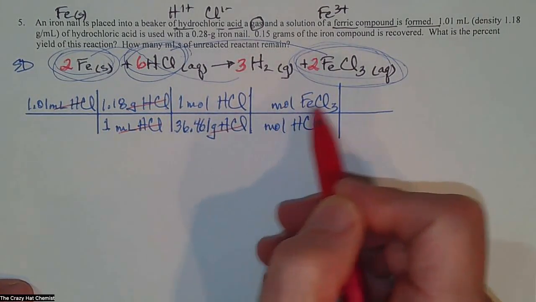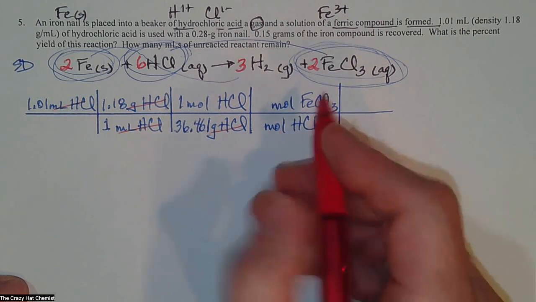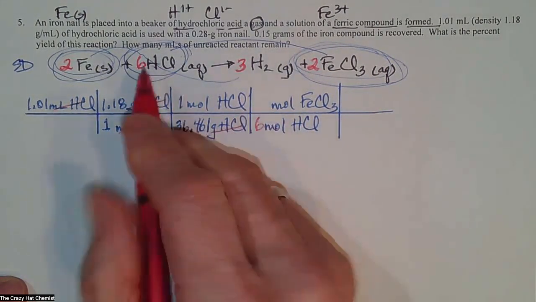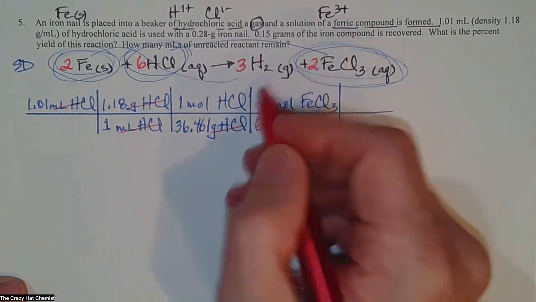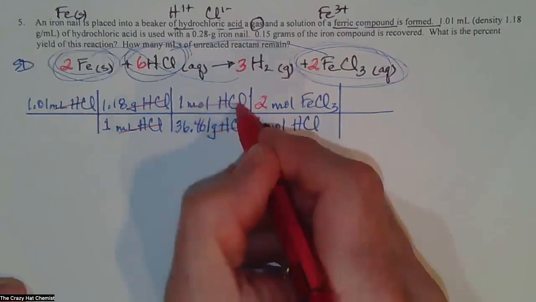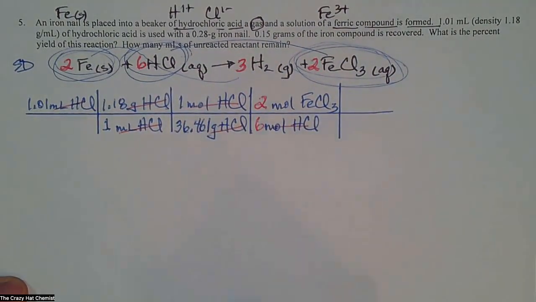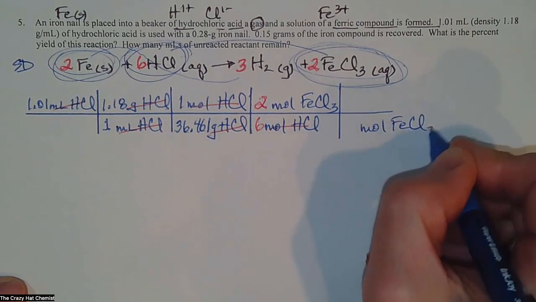So this is the mole ratio. I'm going to use the stoichiometric coefficients on the balanced equation. This will be a 6 in front of the HCl. This will be a 2 in front of the ferric chloride. That will enable me to cancel out moles of HCl. Now, in my denominator term right here, I will have moles of FeCl3.